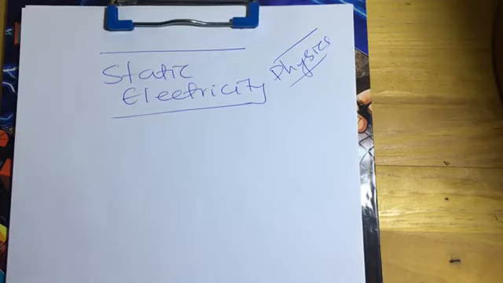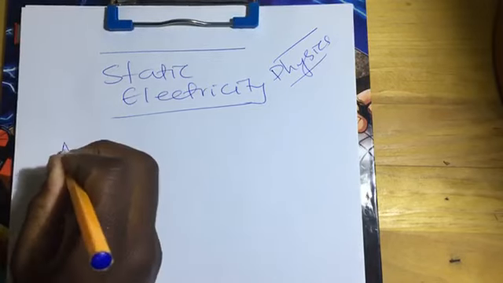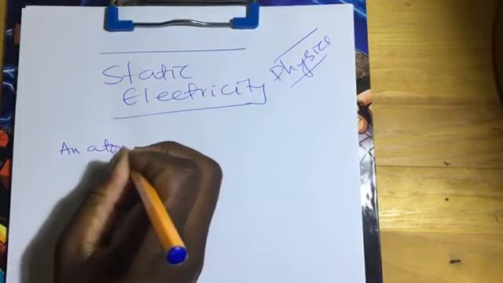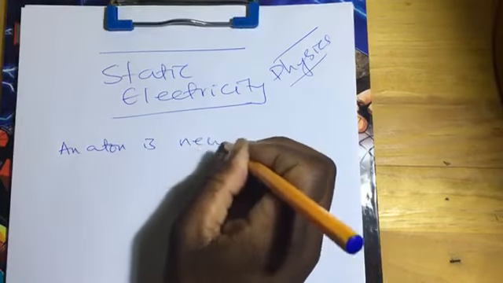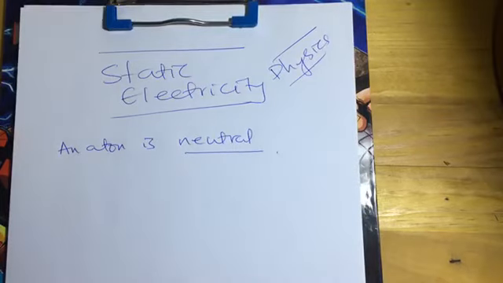Okay. So basically, you guys know that an atom is neutral. What do we mean when we say an atom is neutral?